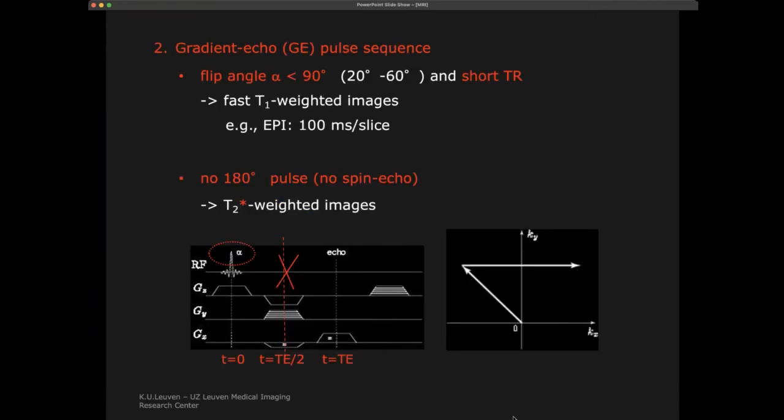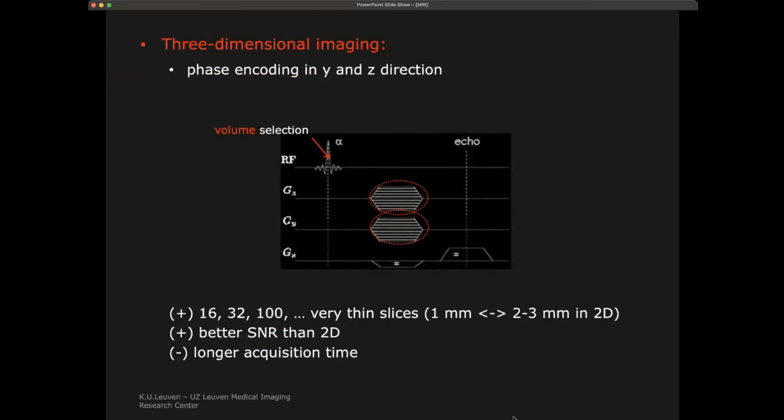So now there are different ways to do these pulse sequences. As I said before, we're not going to go into detail. That's not too important. What is relatively important, of course, is that you can do this also in 3D.